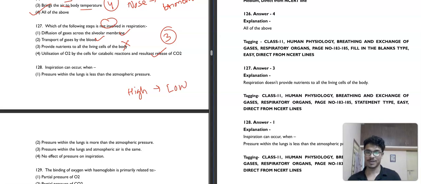So if atmospheric pressure is high and pressure within the lungs is low, then we can breathe. And in expiration, the vice versa occurs. The pressure of the lungs will be high, the pressure of the atmosphere around you will be low. So inspiration can occur when pressure in the lungs is less than the atmospheric pressure. First is our correct answer.